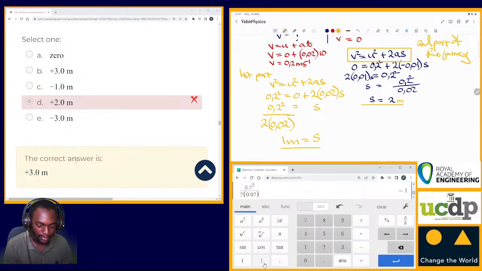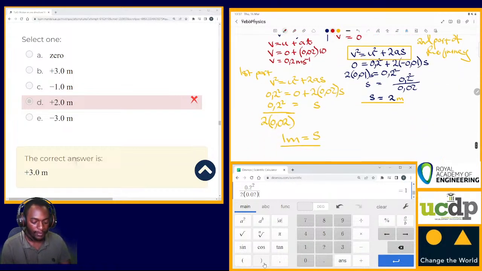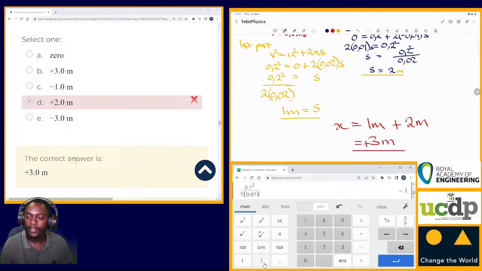That's good. So this is 1 meter, and here we got 2 meters. So the total distance x will be 1 meter, the first part, plus 2 meters. They're all positive, right? And it will give us a positive 3 meters. All right, I missed that one.